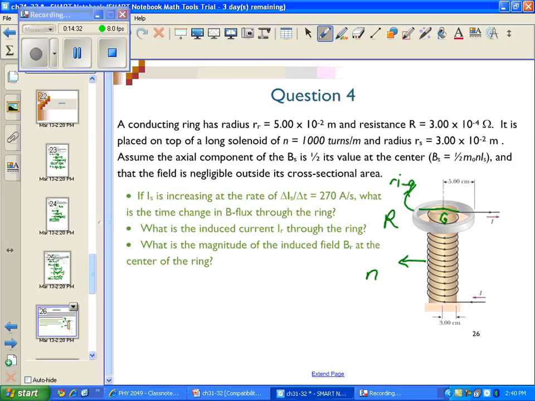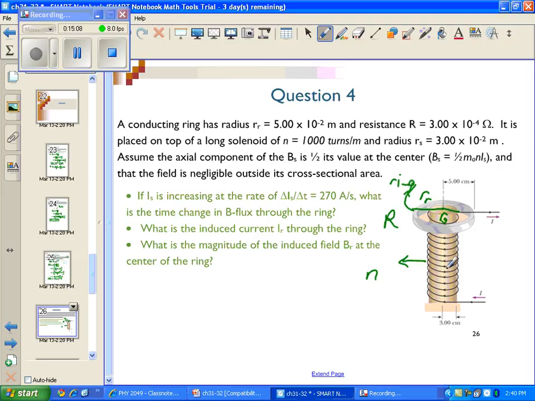The radius of the ring is, of course, larger than the radius of the solenoid. We're told to assume that the component of the magnetic field through the solenoid has a value of 1/2 mu naught N times the current through the solenoid, and the half comes from the fact that the solenoid is very long, so by the time the magnetic field cuts through this ring, it already has lost half of its value.